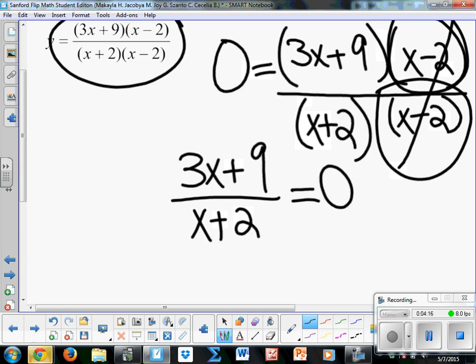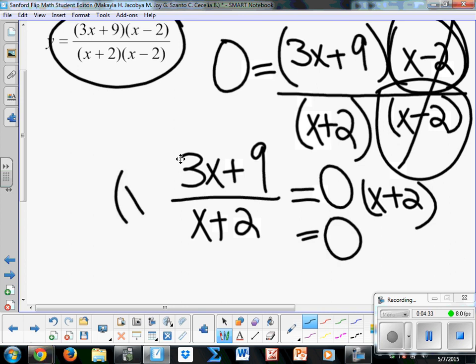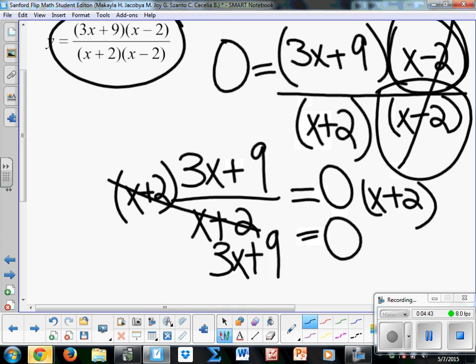And we don't like fractions, so the first thing we need to try to do is cancel our denominators. To do that, we will multiply both sides by x plus 2. Anything times 0 is 0. Then we'll multiply this side by x plus 2, and that will cancel out the denominator. What we're left with is 3x plus 9 equals 0.